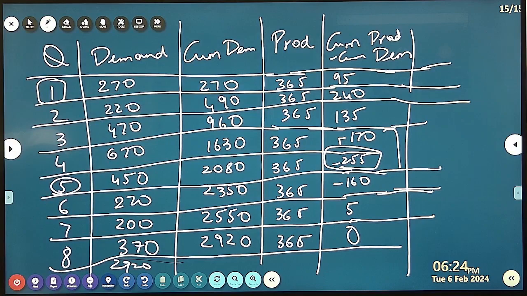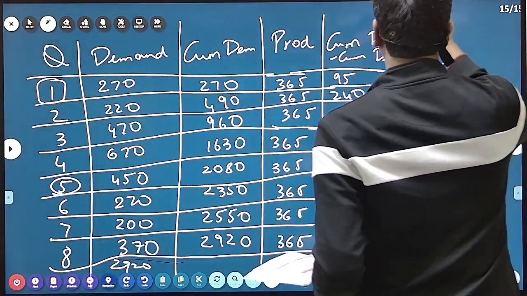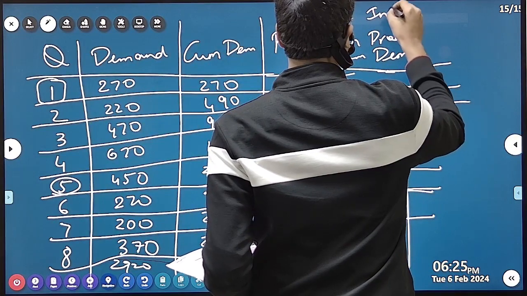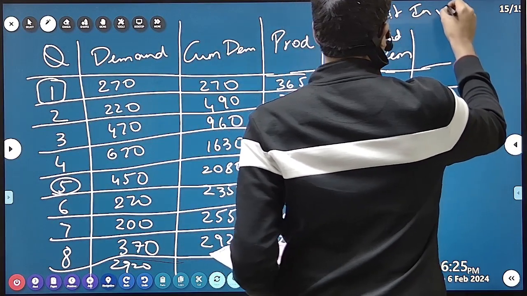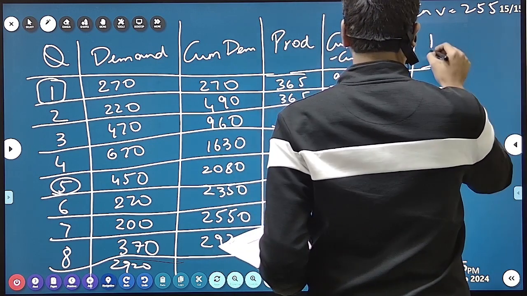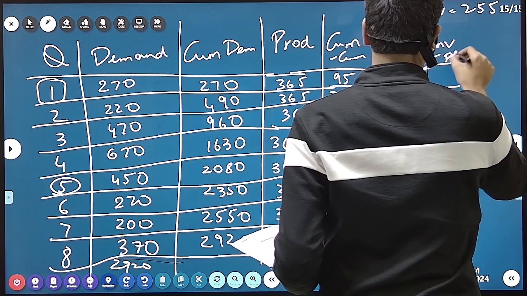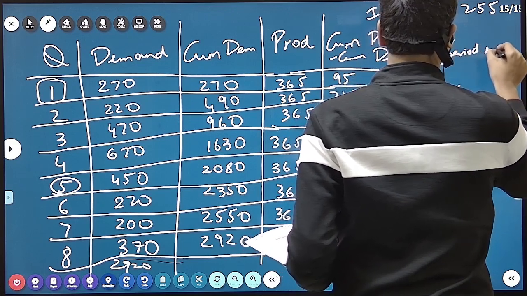Okay. So now we know that the initial inventory is 255. Now we will get the inventory at period end.